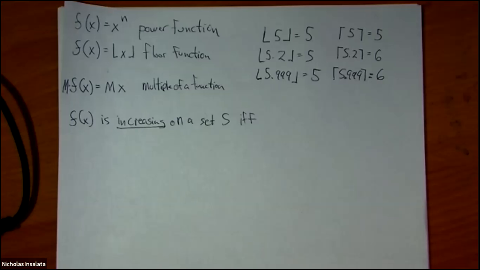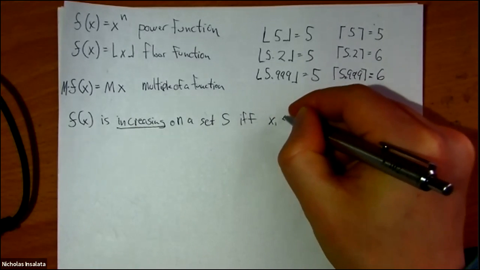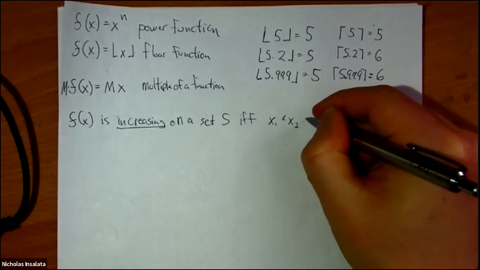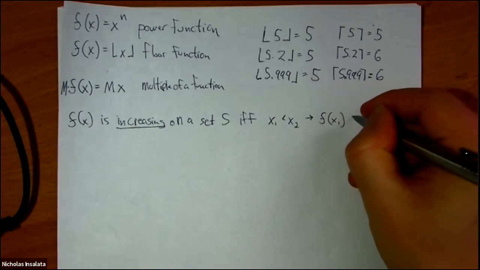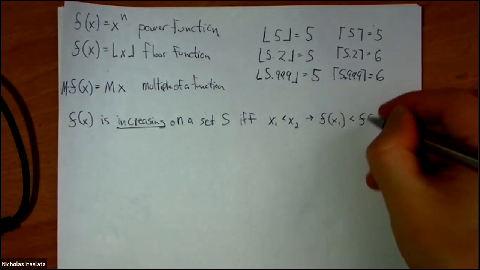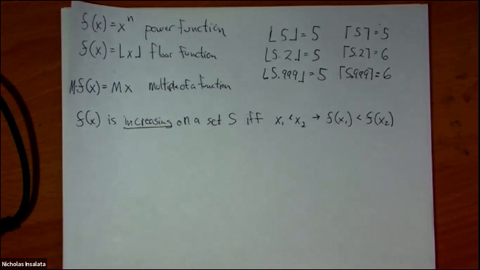So let's go with Nathan's first then. So Nathan said if x1 is less than x2, then f of x1 is less than f of x2, right?